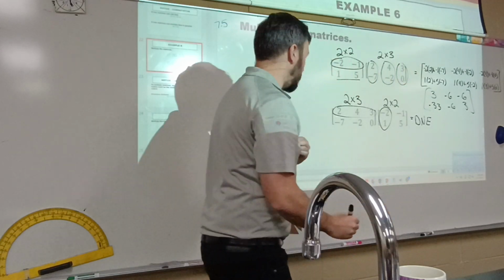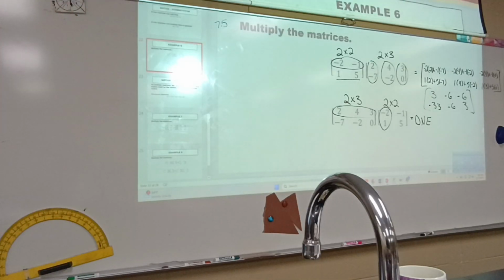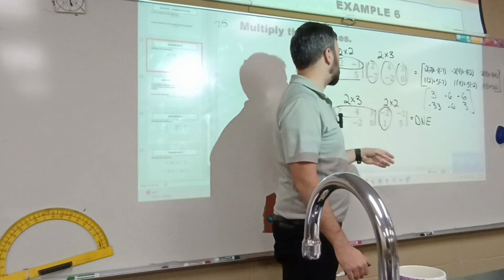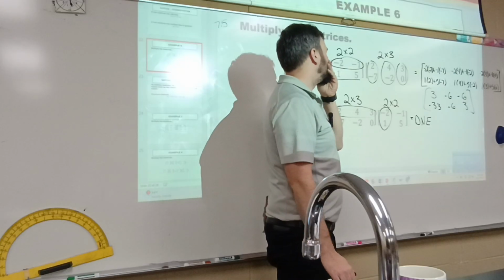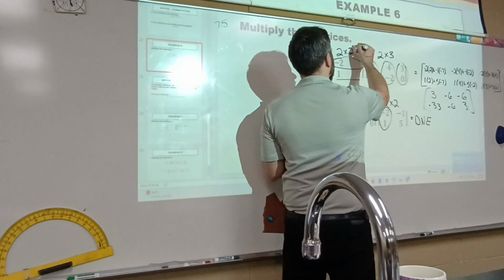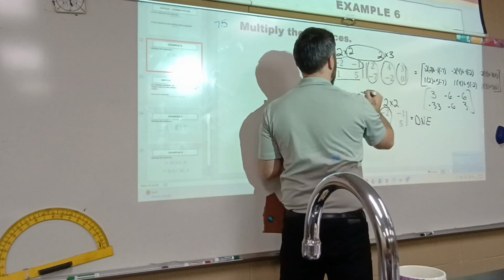Here's my critical thinking question for you guys. Why does the top one exist but not the bottom one? What's the difference between those two? They're both the same matrices. Here's the magic. These middle numbers have to match.